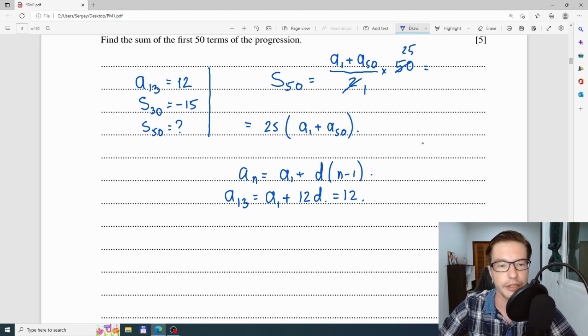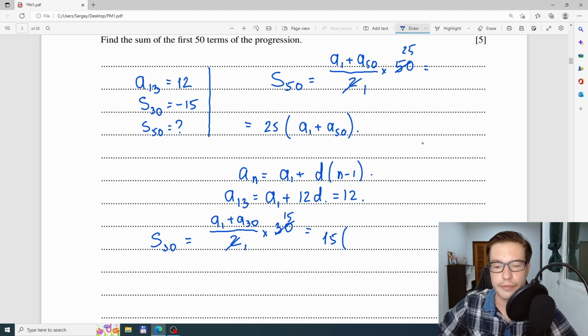We also know that the sum of 30 terms is minus 15. Let's use it as well. S30 equals the first term plus A30, divided by 2, times the number of terms, which is 30. We can also simplify that, 1/15, and we get 15 times A1 plus A30.